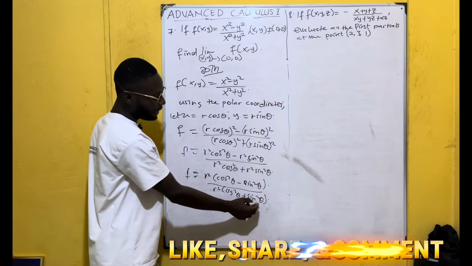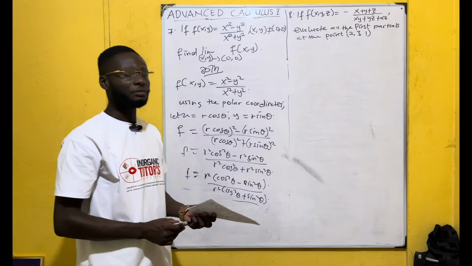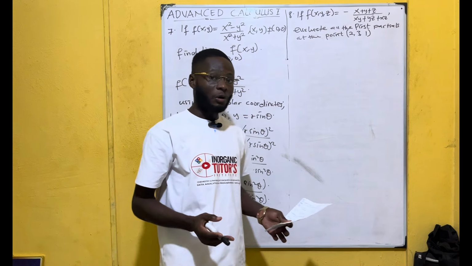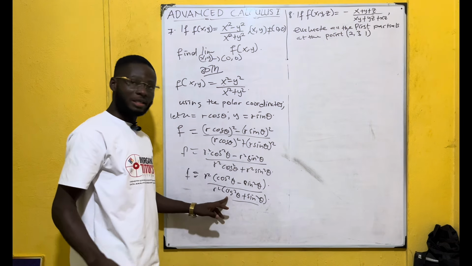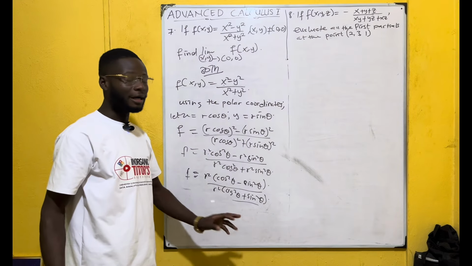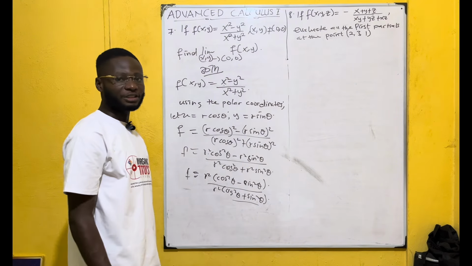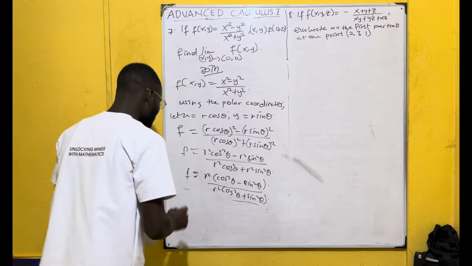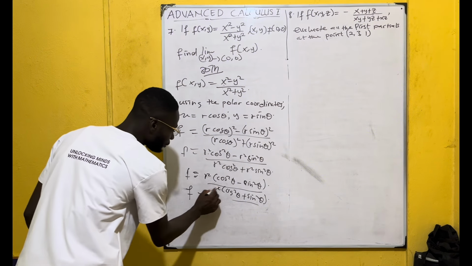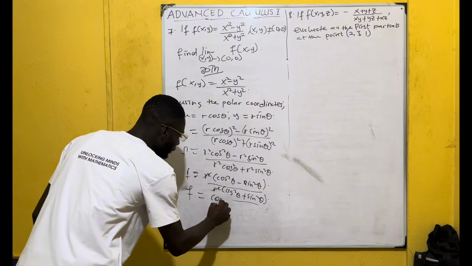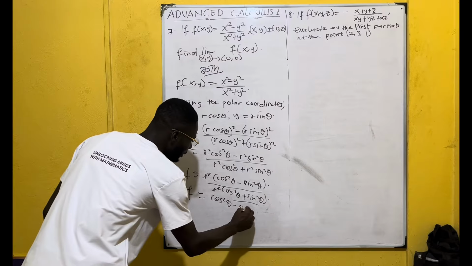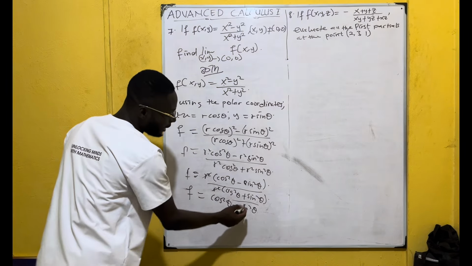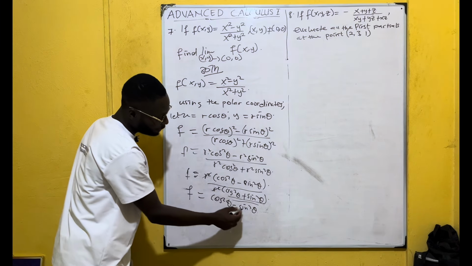So remember your trig identities from the trigonometry course, you know that cos squared theta plus sine squared theta produces a result of 1. So this takes off this, so we have cos squared theta minus sine squared theta divided by 1, right? So we have over 1.